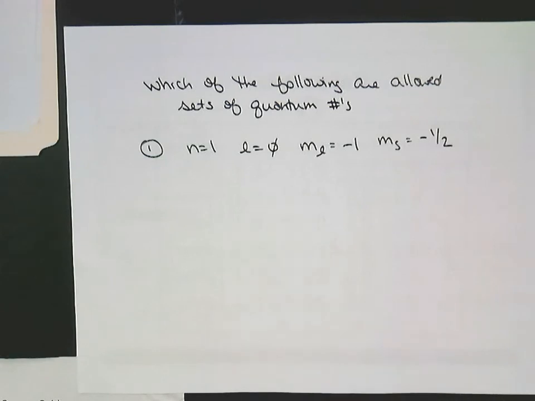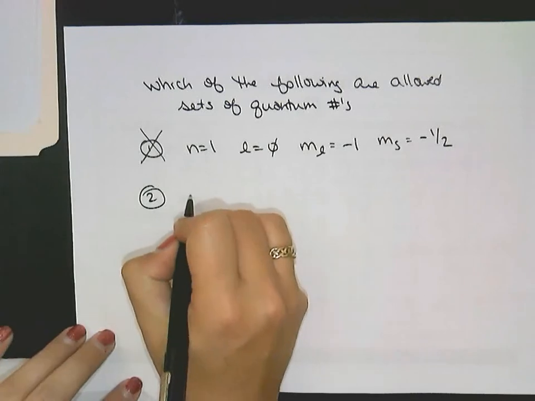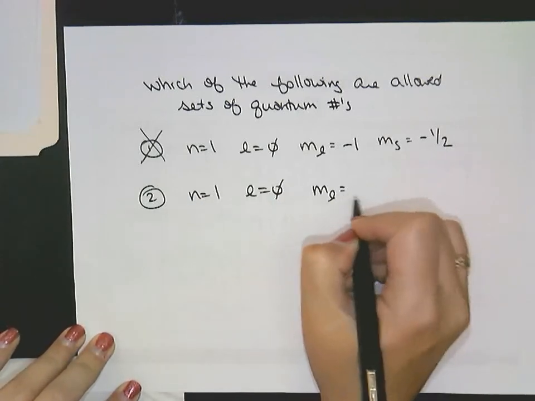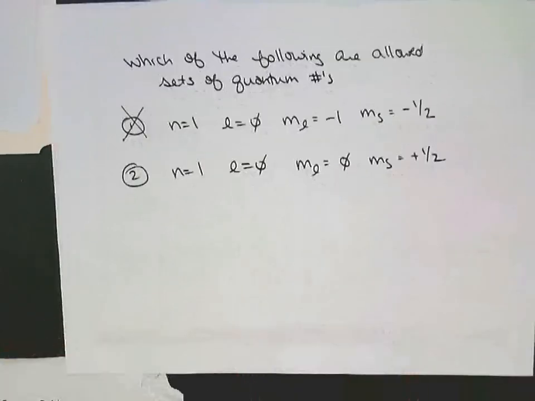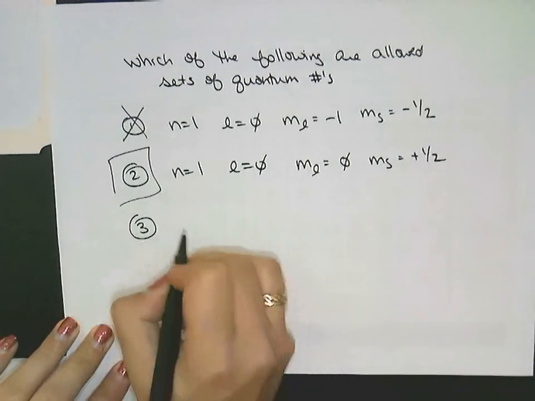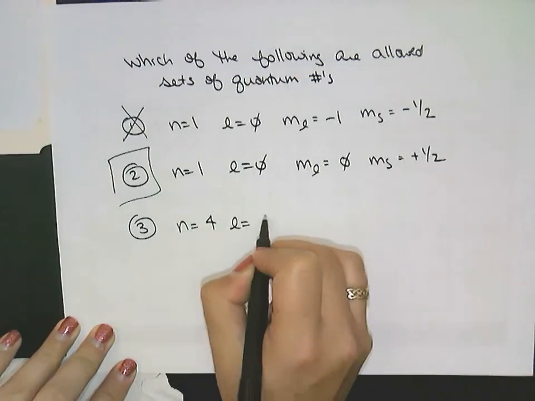What about this one, would that be allowed? Yeah, okay, that's a good choice. Good. What about this one? Oh, what happened there?